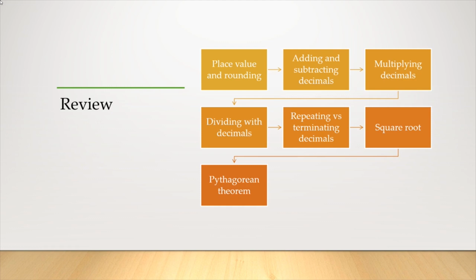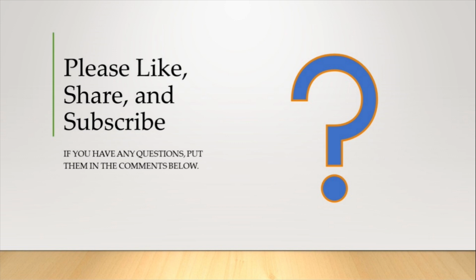Terminating decimal ends, repeating decimal repeats. Then we looked at the square root. So you would basically use your calculator for that. And then the Pythagorean theorem, a squared plus b squared equals c squared, where a and b are the legs and c is the hypotenuse.